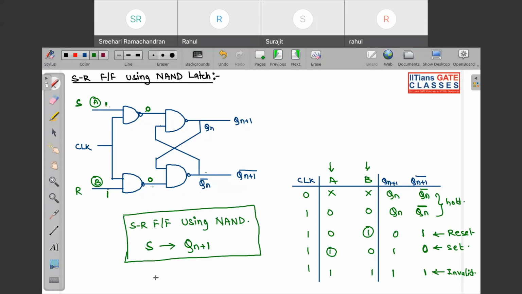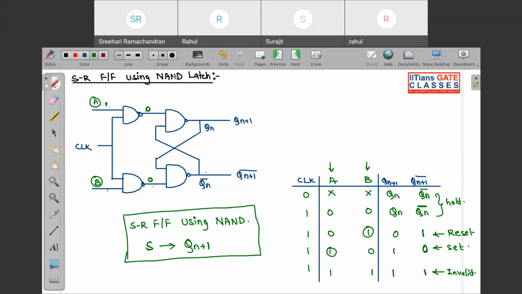So remember this. You will see that in the maximum number of questions, set and reset are given. But a few questions of GATE or good questions of PSUs will not mention which input is set and which is reset. By looking at the output you need to see which output is complemented and which is non-complemented.